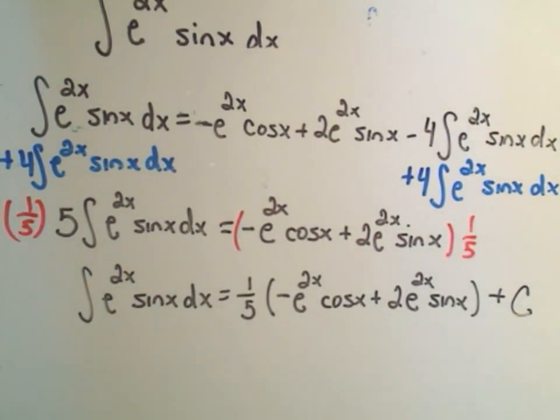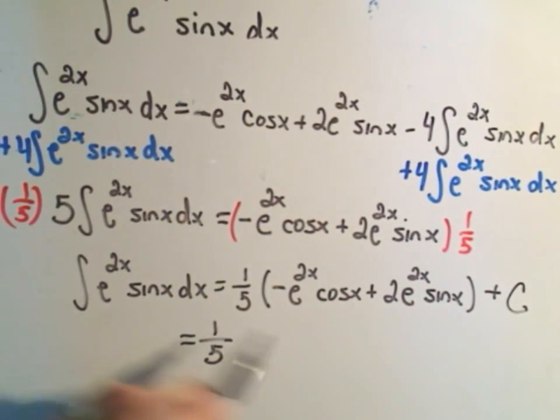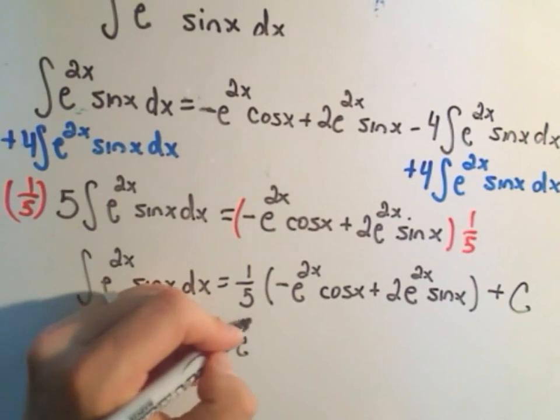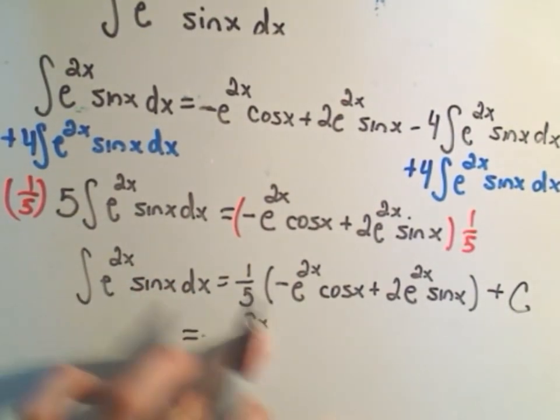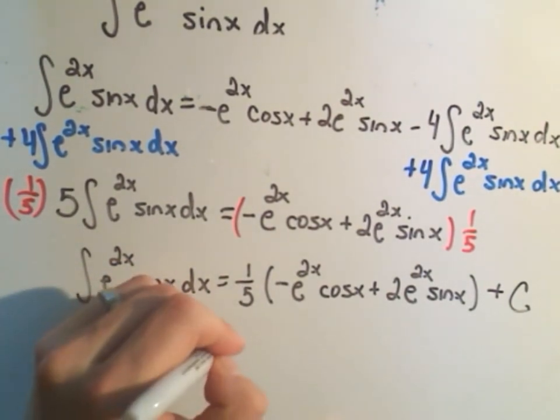If you wanted to, you could even factor out another e to the 2x. Probably if you wanted to see it in truly simplified form, that's what you would do. There's an e to the 2x and an e to the 2x, so I'll pull out the e to the 2x. My pen's running out here, so I'll try to rewrite it one more time.